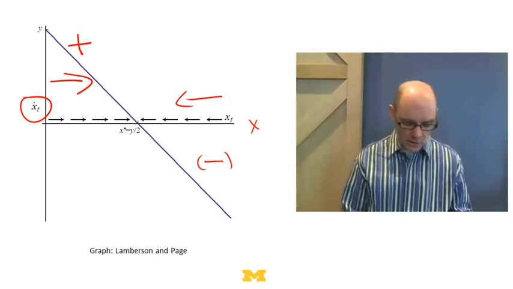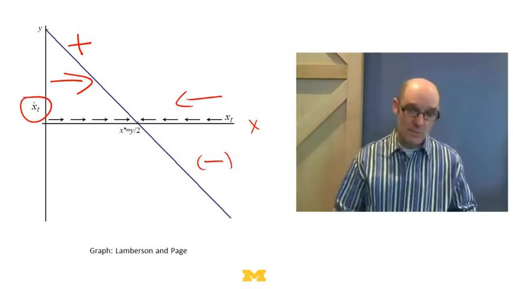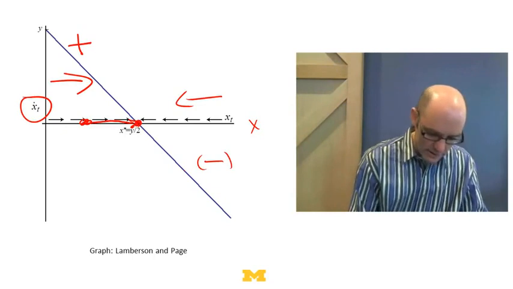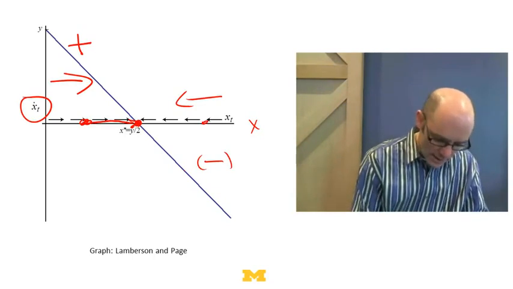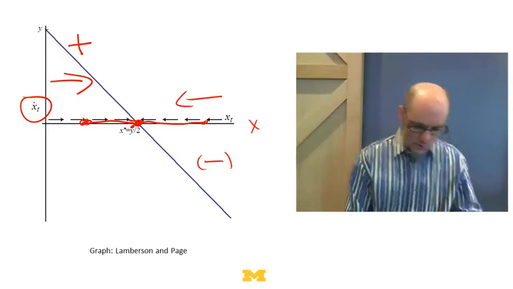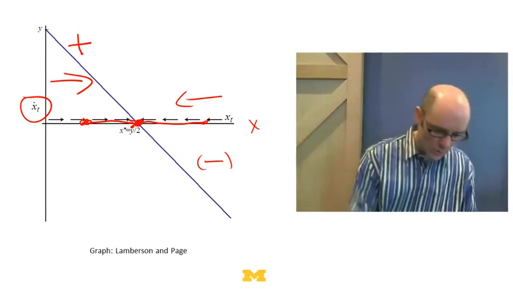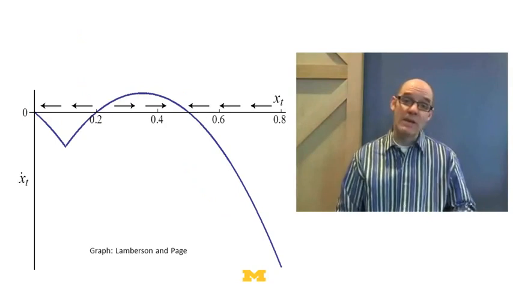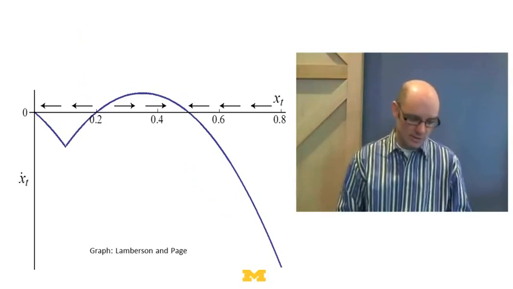So if you look at this particular graph of a dynamical system, it shows a stable equilibrium. If I start here, I'm going to move in this direction to y, right there, to this point y over 2. And if I start here, I'm going to move in this direction and go here. So if you perturb the system in any way, we're going to go right back to that point. So it's stable.